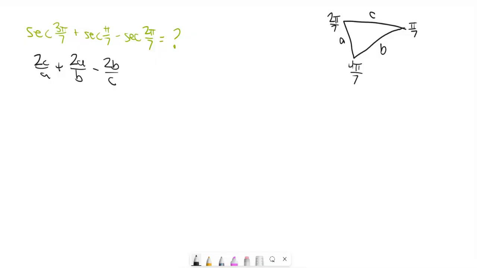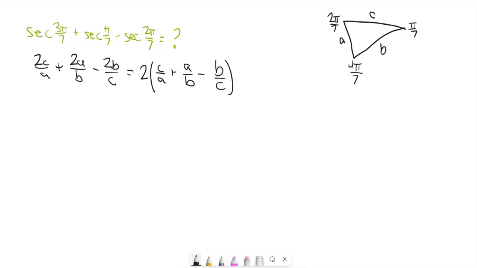Now, as you can see, we've got different variables in the numerator and the denominator, but you'll notice that there are 2's shared in the numerator, so we can actually factor that out, and we are left with fractions on the inside, c over a plus a over b minus b over c, just like that.